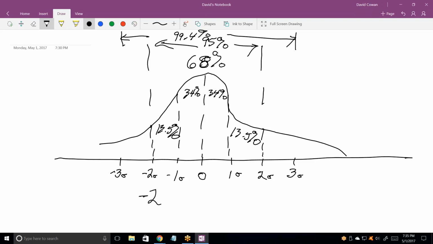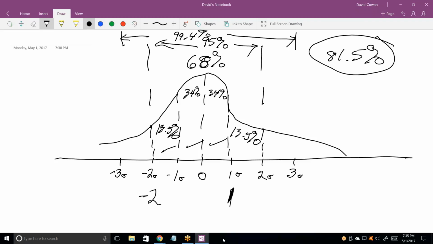Since sigma was 1, then -2 sigma is at -2, and 1 sigma is at 1. So the answer is going to be that one plus that one plus that one, which is 68 plus 13 and a half, 81.5% of the data will fall between those two numbers.